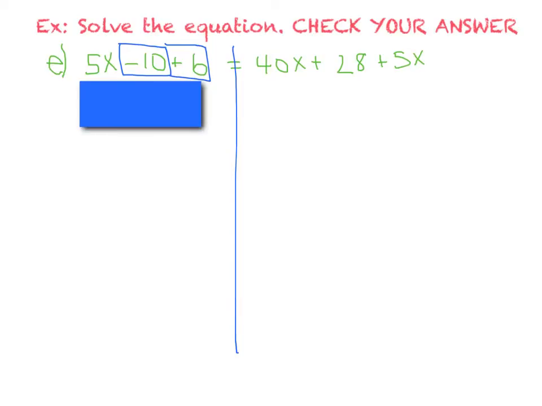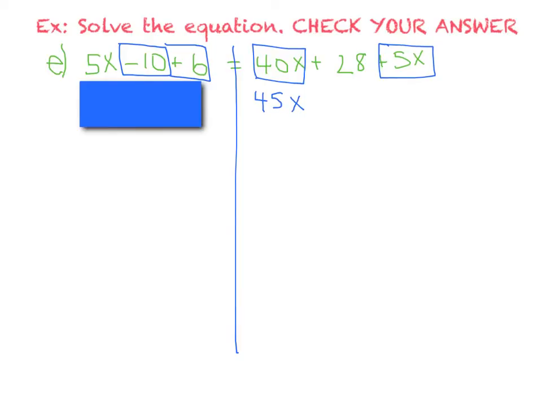But are there like terms? And I think there are like terms. We've got 40x here, and we've got 5x here. Remember, like terms, same variable. x, x. So, let's add these together. We've got 40x, and we've got positive 5x. 40 plus 5 is 45x.